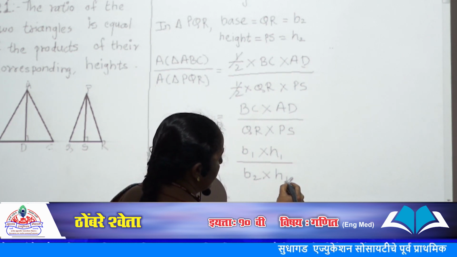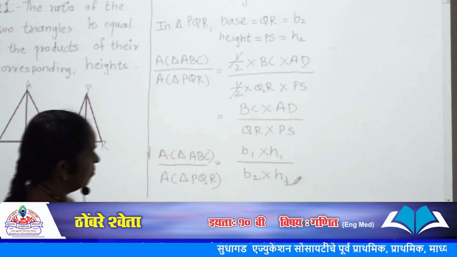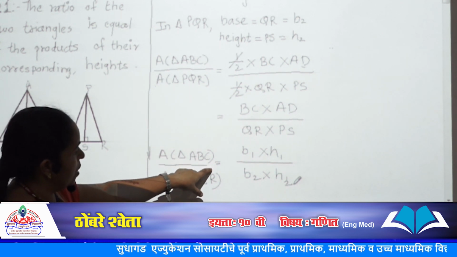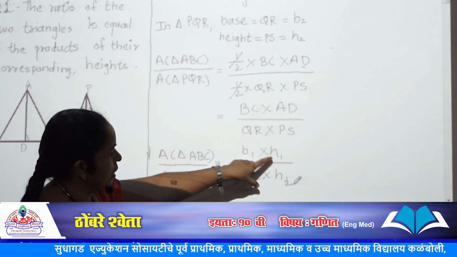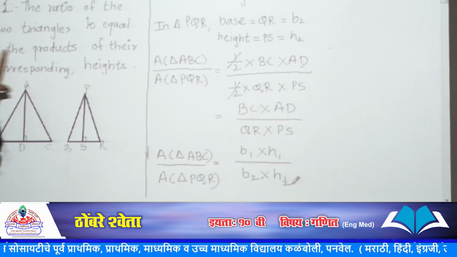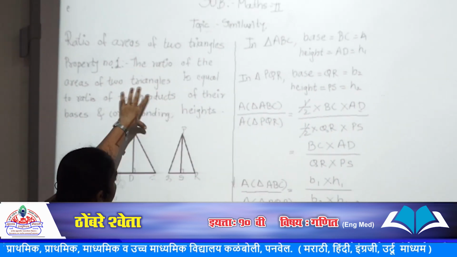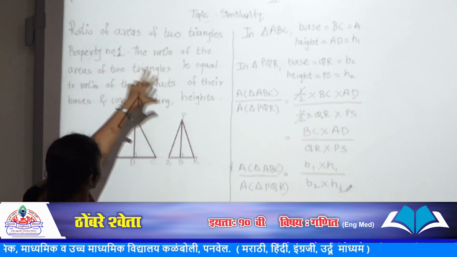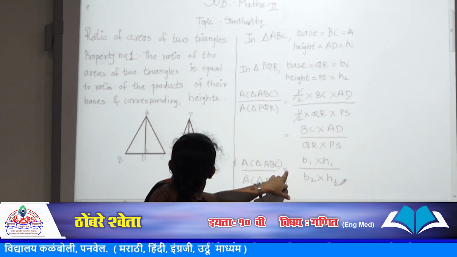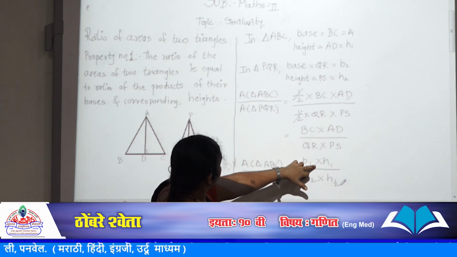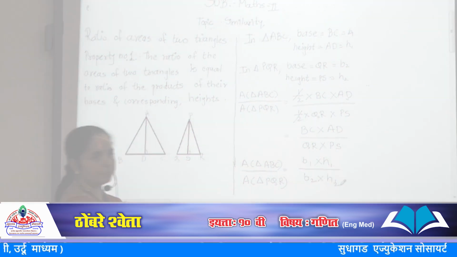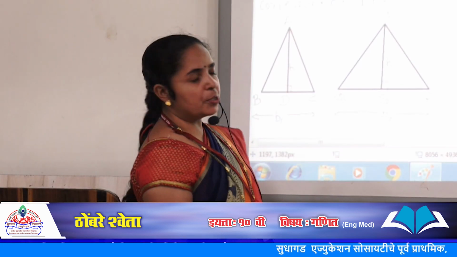So what equation we are getting here? Area of triangle ABC upon area of triangle PQR is equal to B1 into H1 upon B2 into H2. So this first property we proved here. Once again see the property. The ratio of the areas of two triangles is equal to the ratio of the product of their bases and corresponding heights.